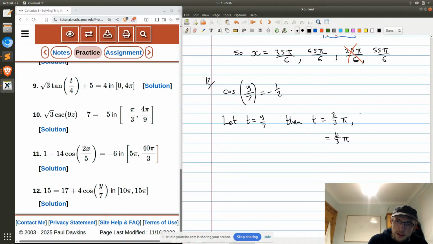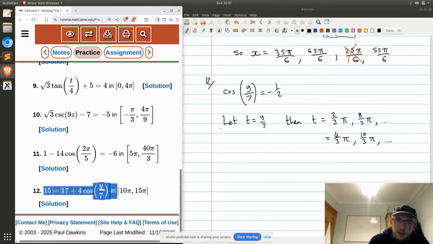So just add 6. And just add 6. And then t equals y over 7, so y equals 7t. So multiply the numerators by 7 in each case.